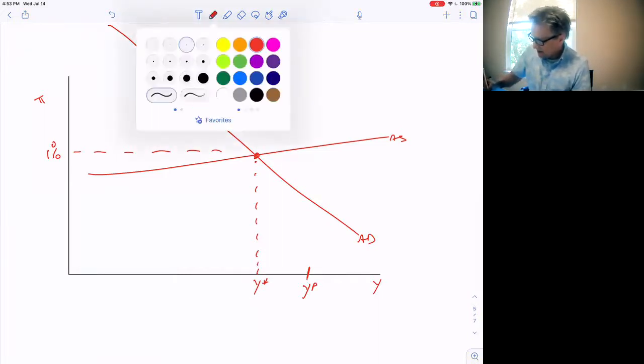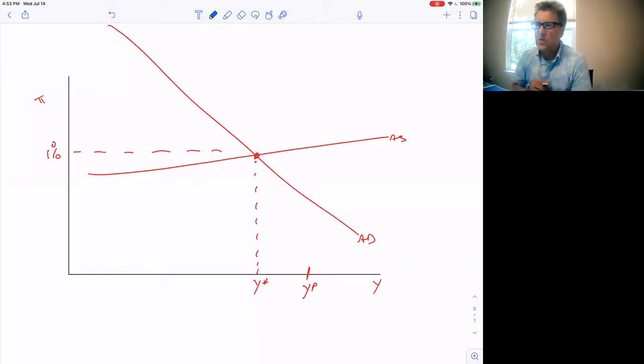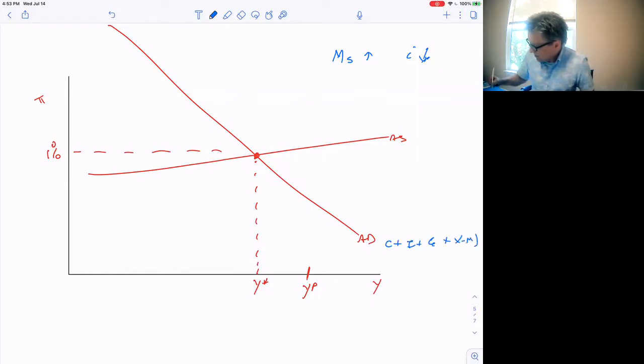So let's say the Fed, through the FOMC, the Federal Open Market Committee, decides to increase the money supply. That has an effect on lowering interest rates. And that has the effect of increasing aggregate demand, probably consumption and investment spending.